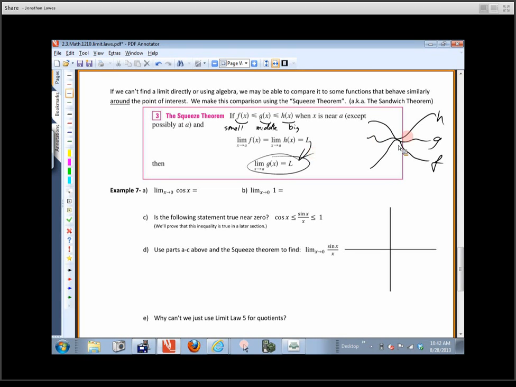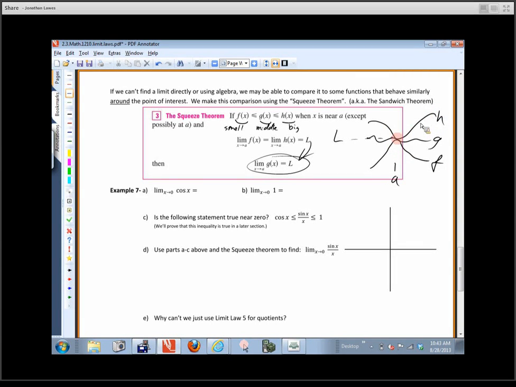So let's take our little picture right here. This made perfect sense a second ago, right? Okay, let's say this is our point of interest, and let's say this function value is L. So if h is always on the top, and f is always on the bottom, and we're not sure about g other than we know it's in the middle. If this one comes up here and squeezes down or pinches down or sandwiches down to the same point that h does, and the same thing happens to the right.